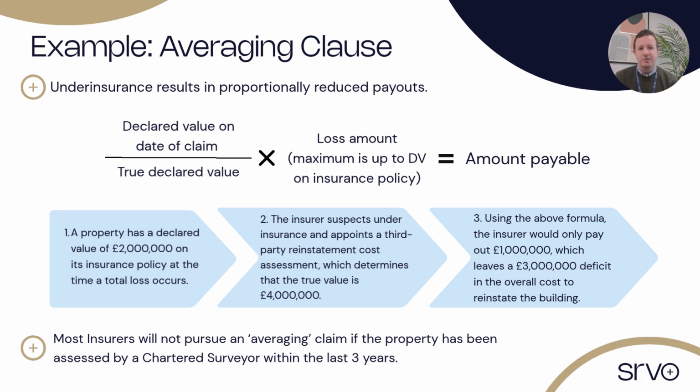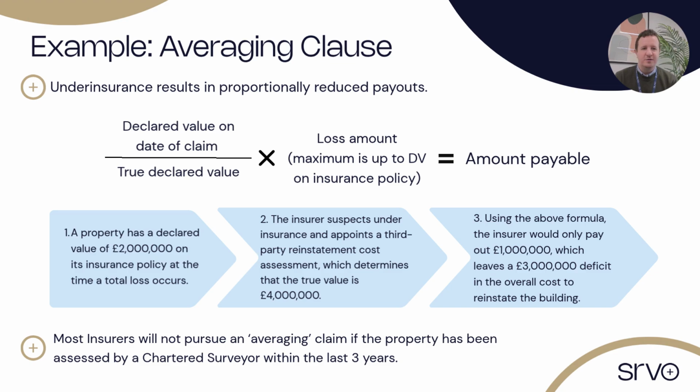I've got a worked example here where we can look at exactly the practical implications were this to apply to a property. In this case, we've got a declared value on the insurance policy at the time of a claim of £2 million. We're talking about a not particularly large site here. It might be between 20 and 30 units in practice.